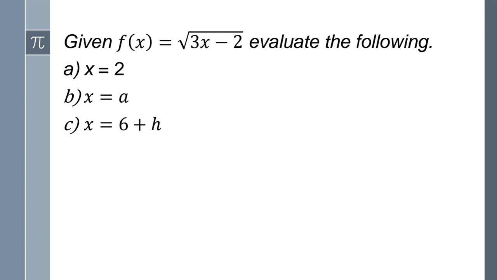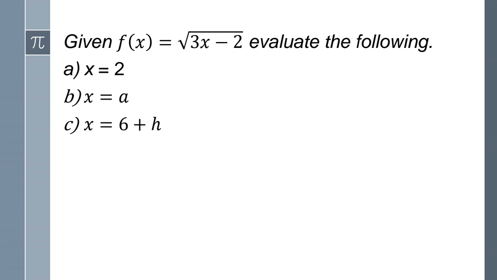Okay, so again, this is just a name, and we'll change these. Sometimes the most common name we'll use in both classes is f of x, but we can also use g of x, h of x, which are a couple more common ones. But again, this is just a name.